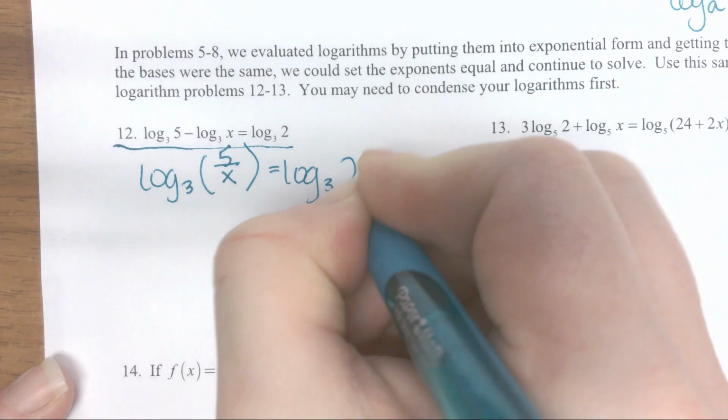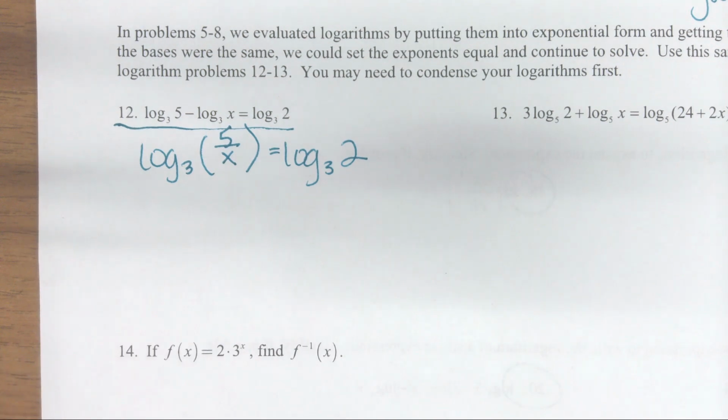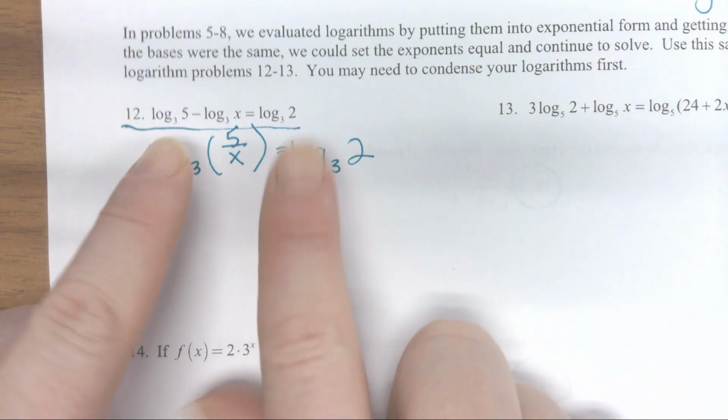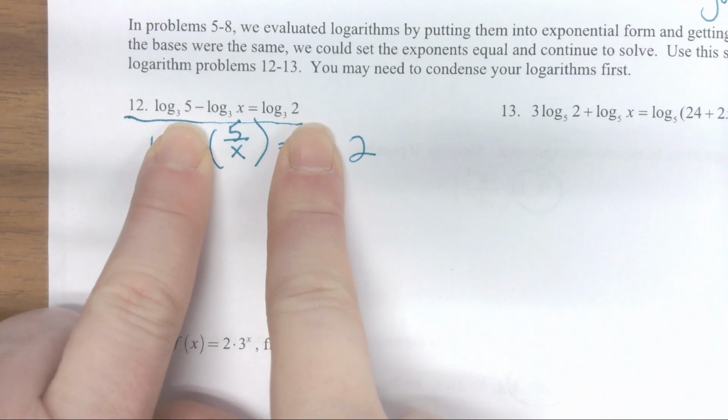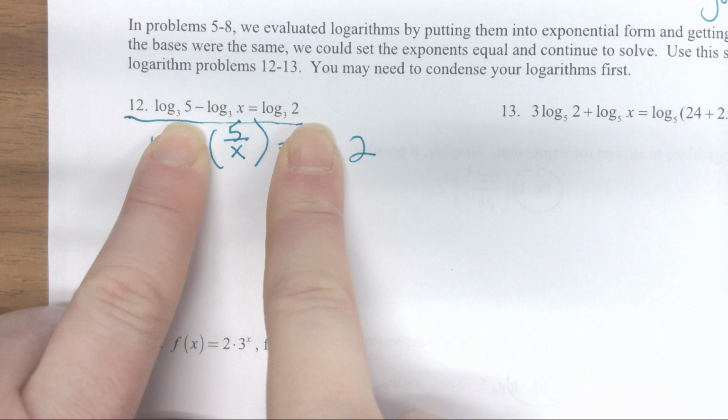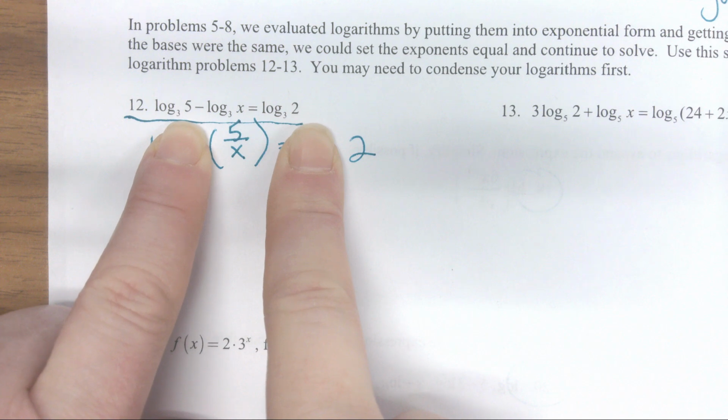Okay, the idea here is this. Do I have a single logarithm on both sides? Yes. Does it have the same base? Yes. Would you agree, just common sense, that if these are both log base 3, then what I have covered up has to be equal? So as long as I can do that, I'm going to drop the logarithm out.